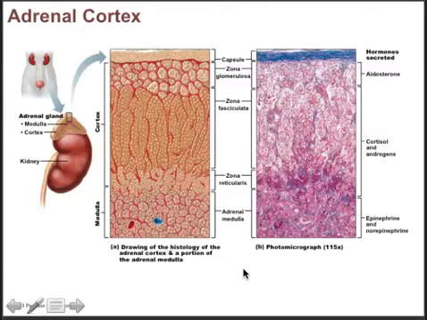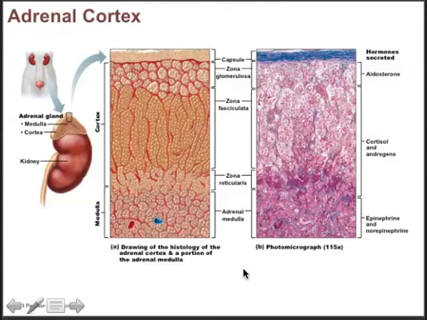Okay, so it acts on the kidney tubules in order to cause the tubules to reabsorb sodium and secrete potassium. The fasciculata produces glucocorticoids. The major glucocorticoid is cortisol, which has the effect of raising blood glucose levels. And finally, the reticularis produces androgens, which are basically testosterone mimics and control the manifestation of secondary sex characteristics.